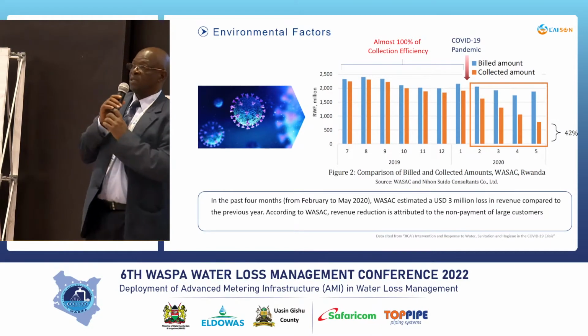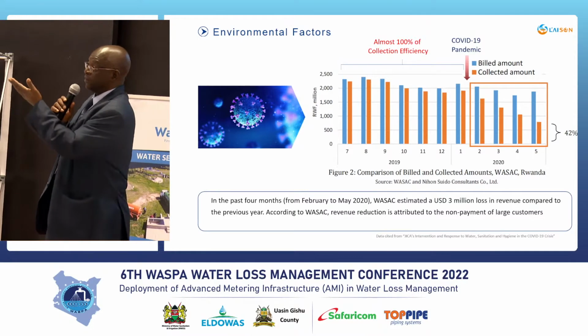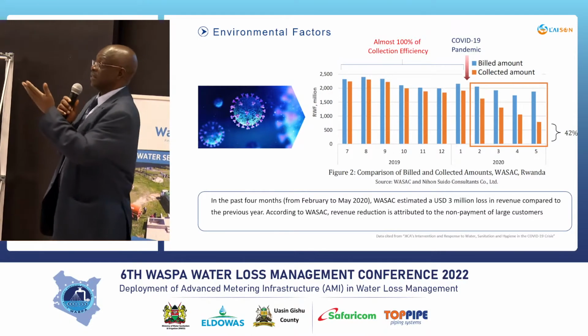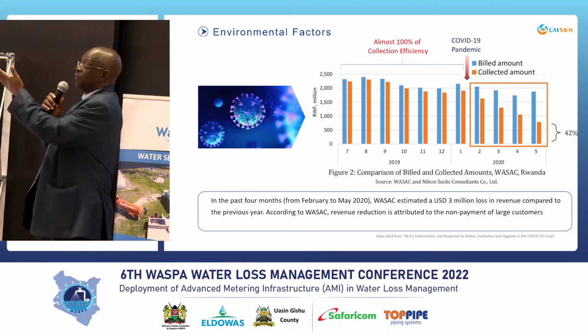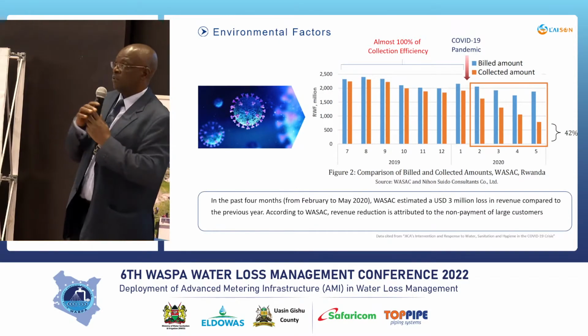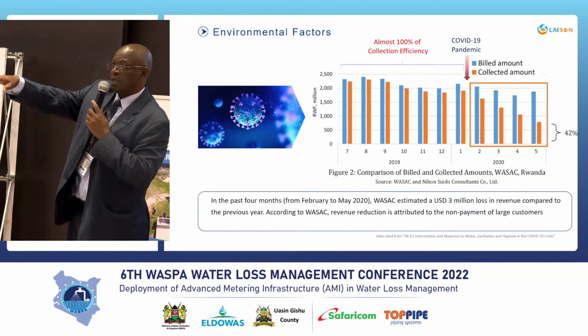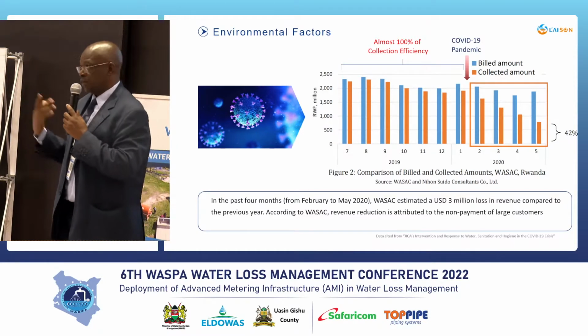Another problem that the WSPs are encountering is the environment. From that chart, you can see a water company which was doing very well before that virus came. That virus came as a result of the environment.